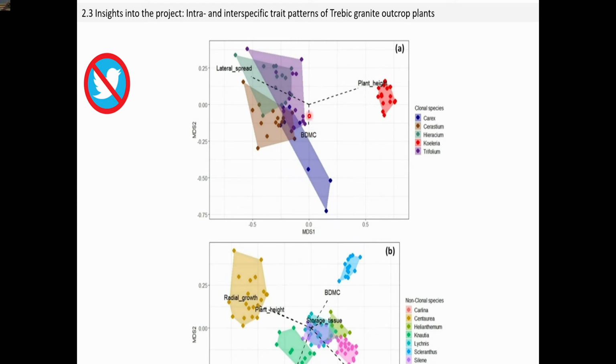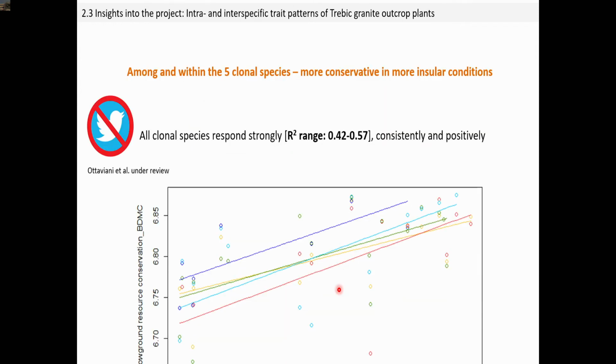The others tend to be nicely lumped. Whereas for non-clonal species, it's already very evident that they occupy different niches in the multivariate space. This will be better presented now, as we look at some results about bivariate relationships.